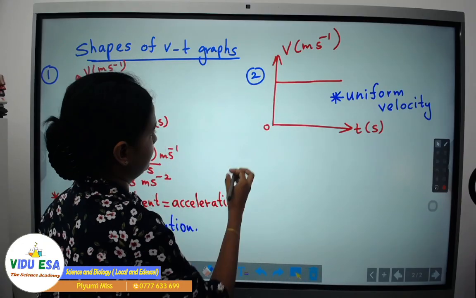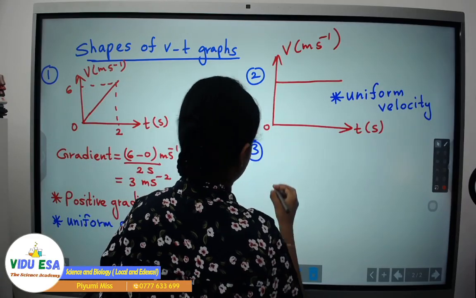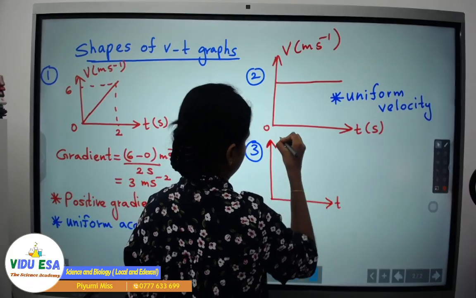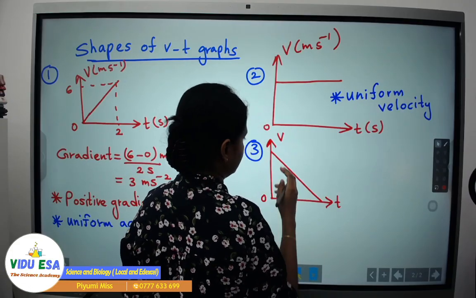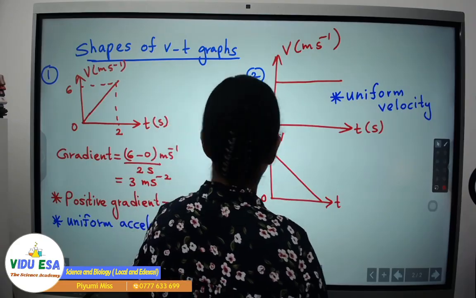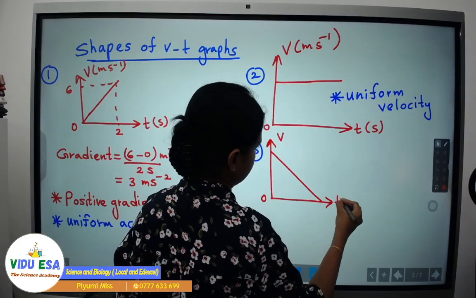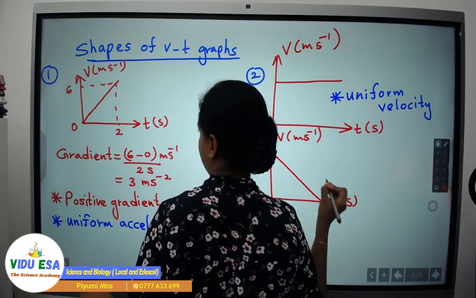Then third one, time and velocity. So if you get something like this, the gradient is negative. If I show you after putting the values, let's put values here.